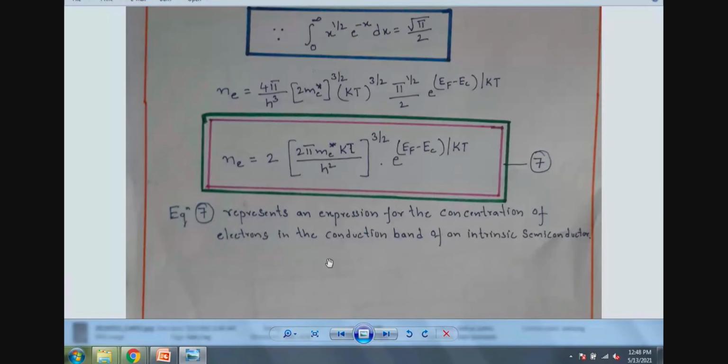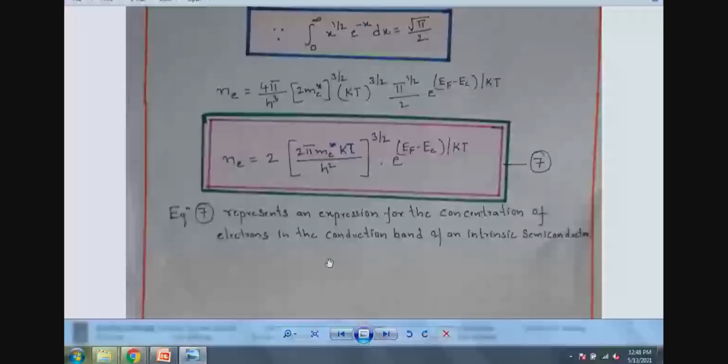So from the exam point of view, whenever they ask please estimate the carrier concentration in an intrinsic semiconductor, in that case you have to use the two derivations. That is, you have to find Ne and Nh also.